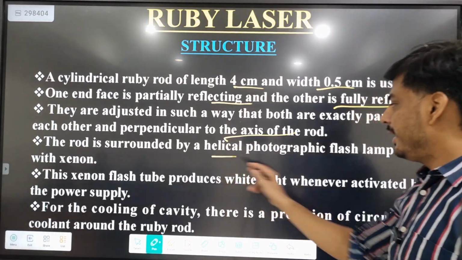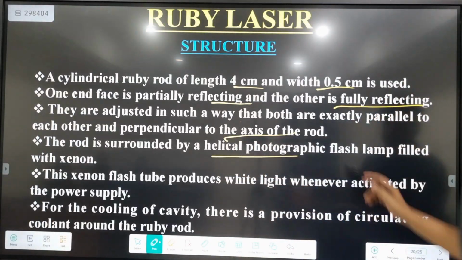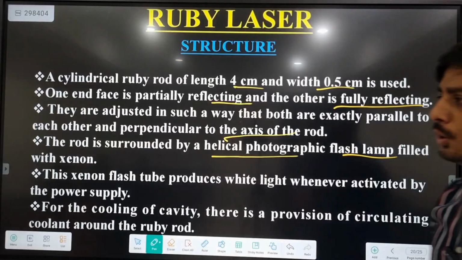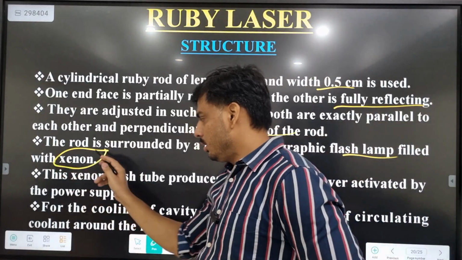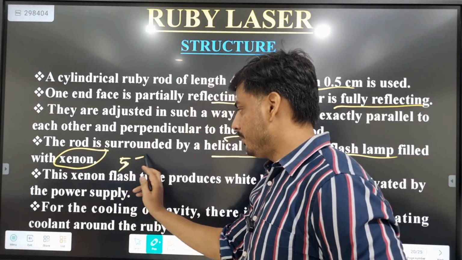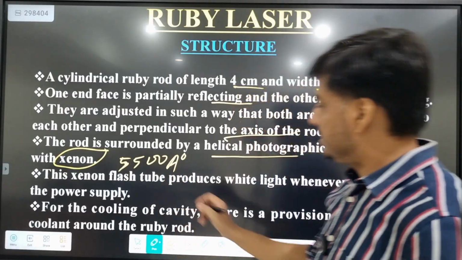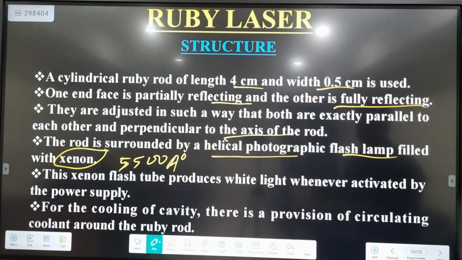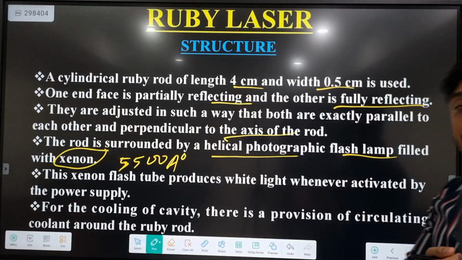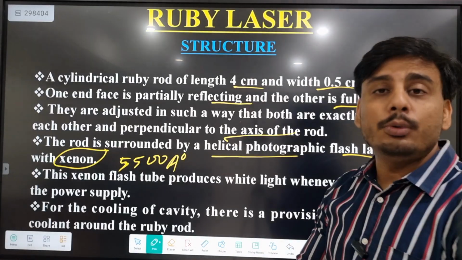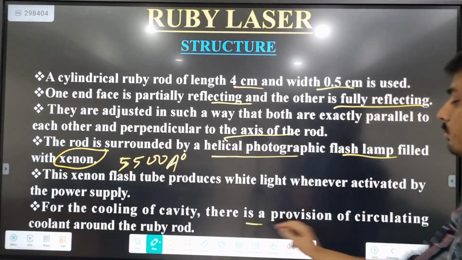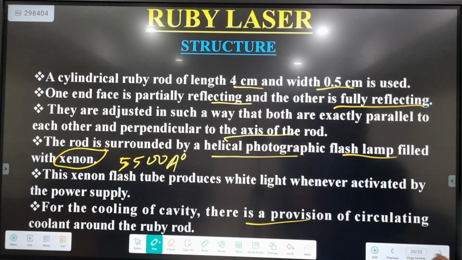Then a helical or spiral photographic flash lamp is used, which is made of xenon. Remember the xenon wavelength, 5500 angstrom. This xenon flash produces white light, which activates the particles to move from the lower energy state to the higher energy state, and a coolant is used in order to cool down.